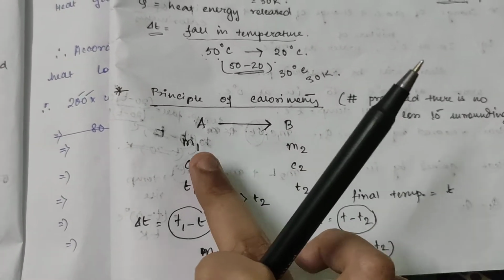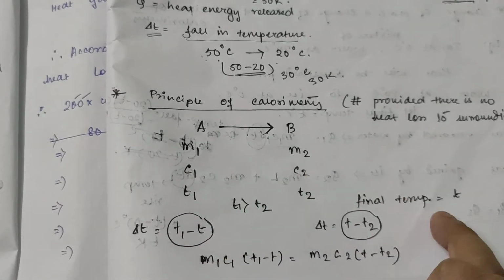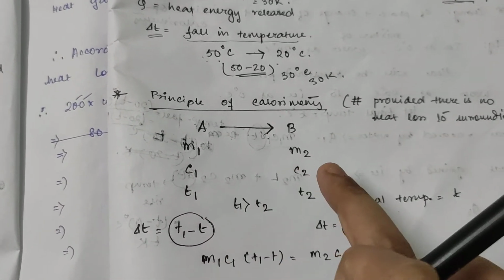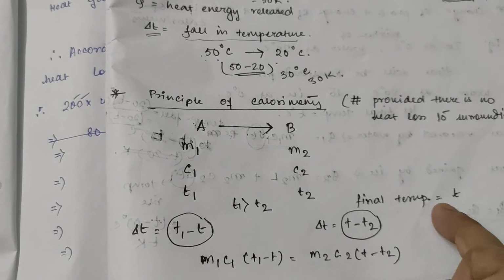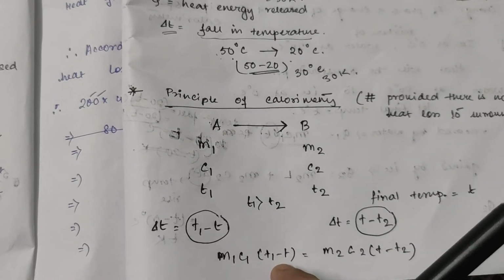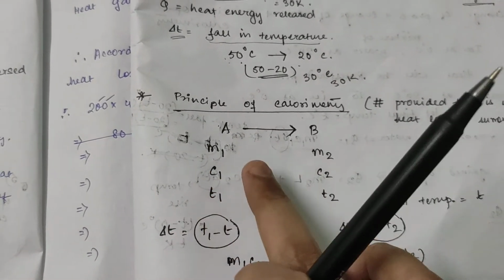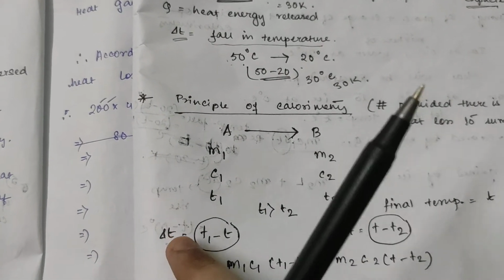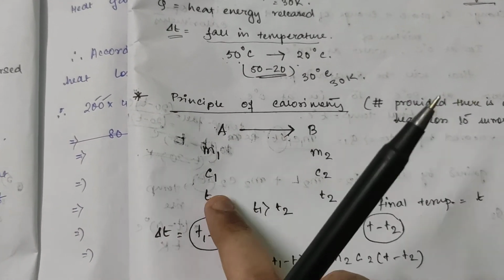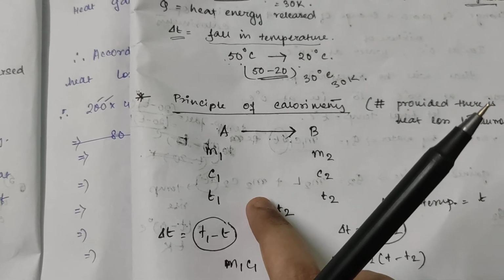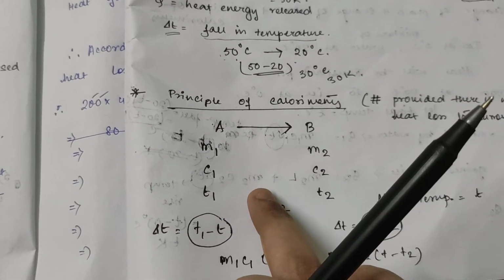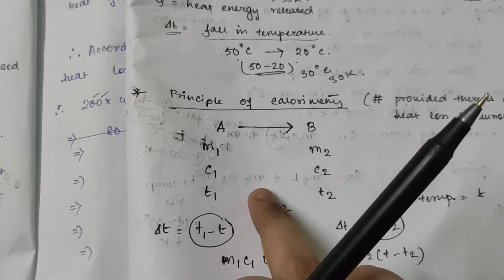So A will lose heat as long as it attains this temperature, and B will gain heat as long as it attains this temperature. So then just see what is delta T for A. Delta T means the temperature change. In this case, A is losing heat. Heat energy is released. That means fall in temperature.